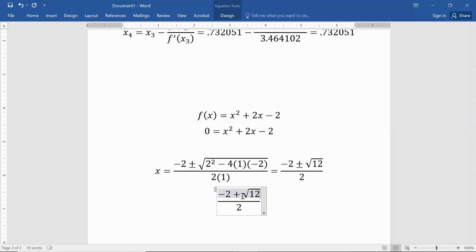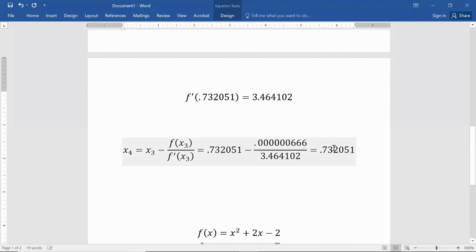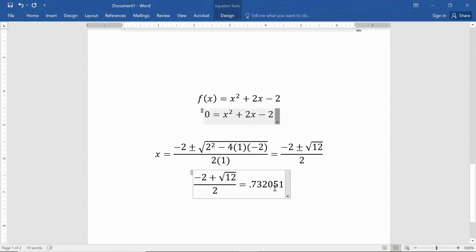If you do the plus version, sure enough, you get 0.732051 if I rounded it to 6 decimal places. So rounding to 6 decimal places, we can see we got the same answer using the quadratic formula or Newton's method.